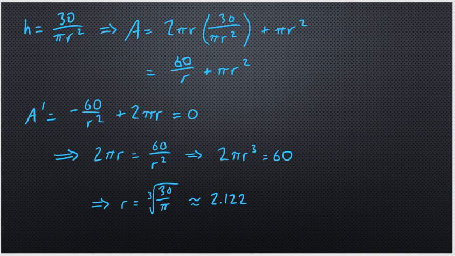2.122. And the question said that our volume was in cubic centimeters, so the unit of measure here is going to be centimeters. We're going to take this r value that we found and substitute it into our constraint equation. We had h is equal to 30 over pi r squared.